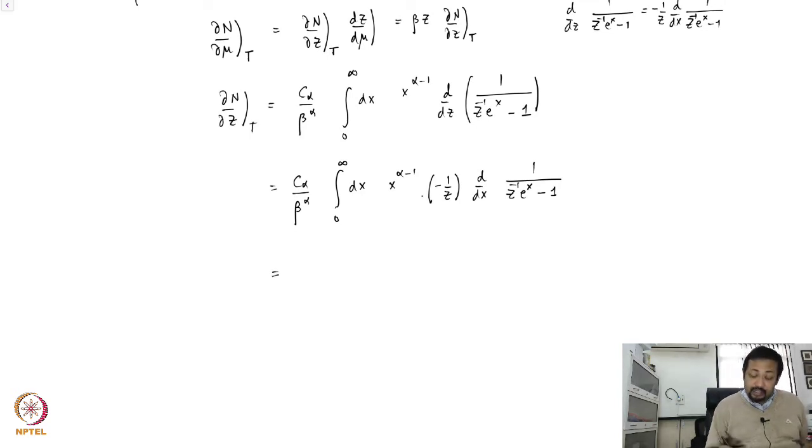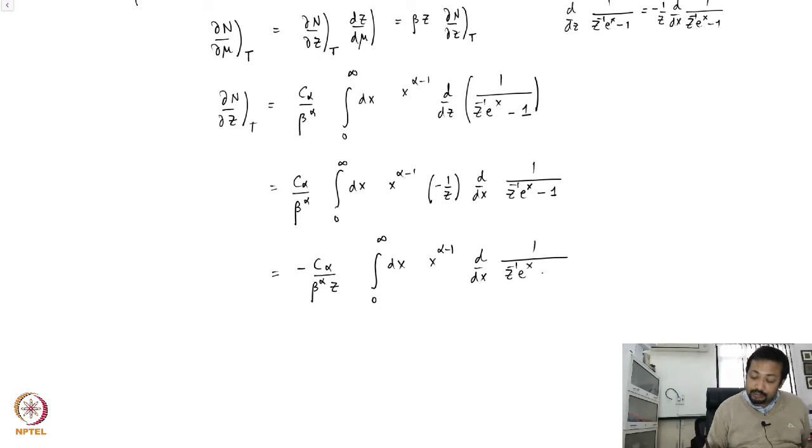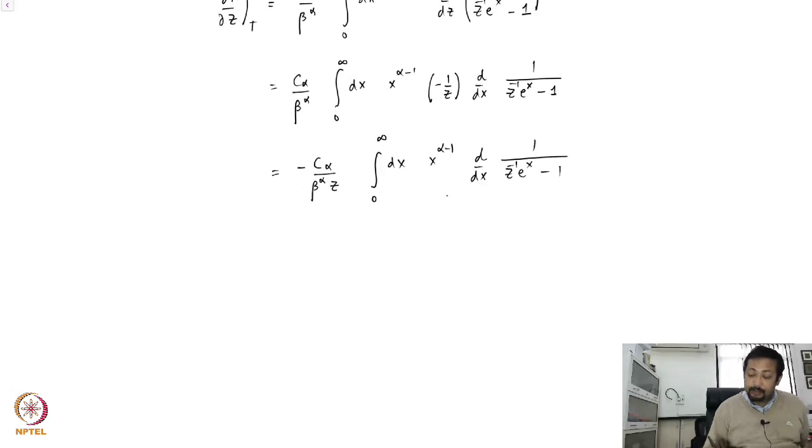The minus 1 by z I can bring out. Now this integral again I know how to handle, and we do just integration by parts.